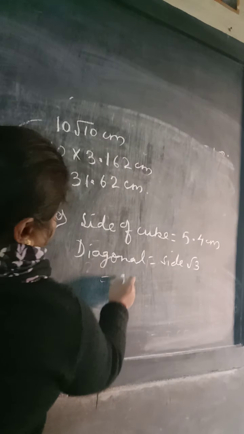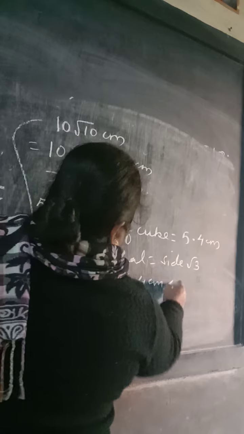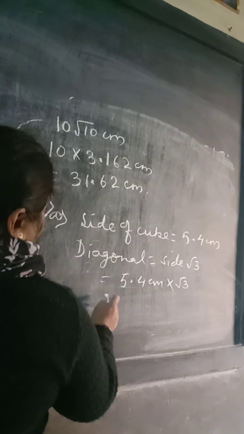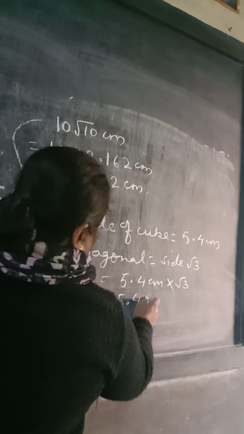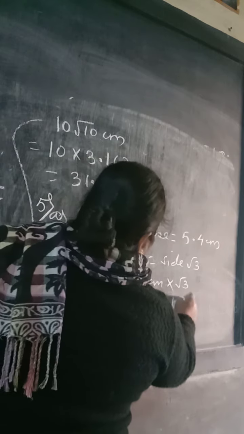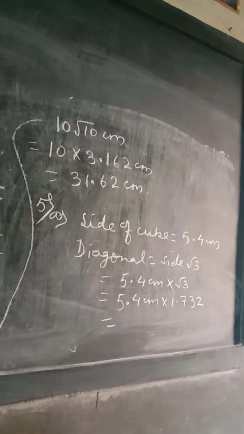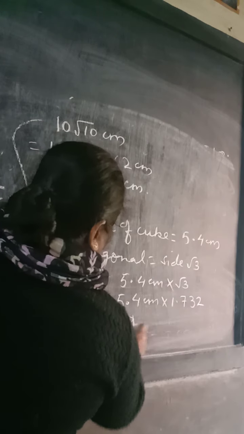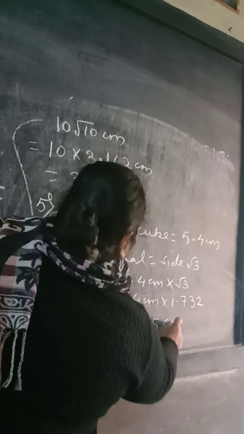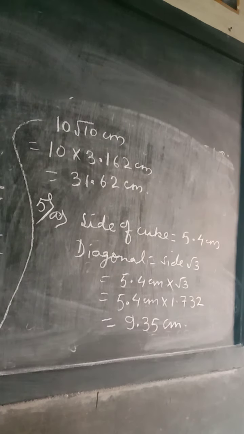So we'll be writing 5.4 centimeter into root 3, and we have to place the value of root 3, that is 1.732. Now after multiplying you will get the answer. It is quite long, so we will be just taking up to 2 digits, 9.35 centimeter. So in this way you have to solve question number 5.